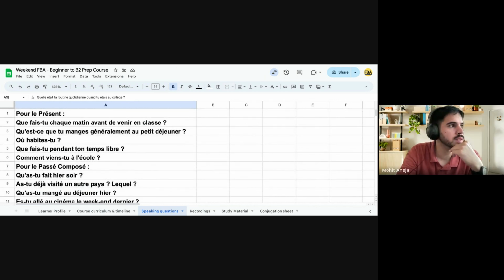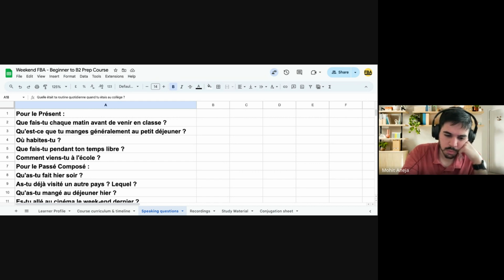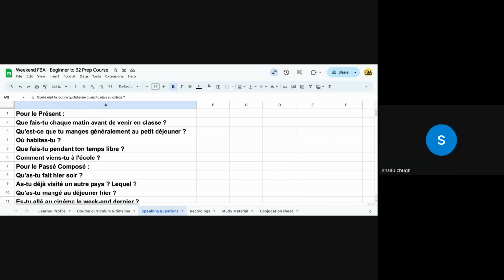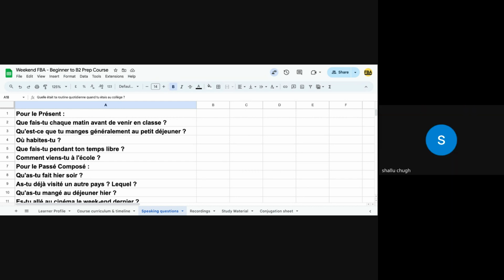Est-ce que tu portes ces chaussures régulièrement?